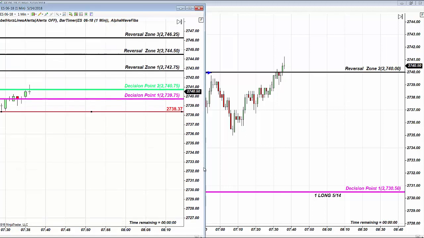Market heading higher, one step at a time. However, key target is present, essential to respect. Moving your stop outside of break-even and respecting this as key target, key rule in the course.